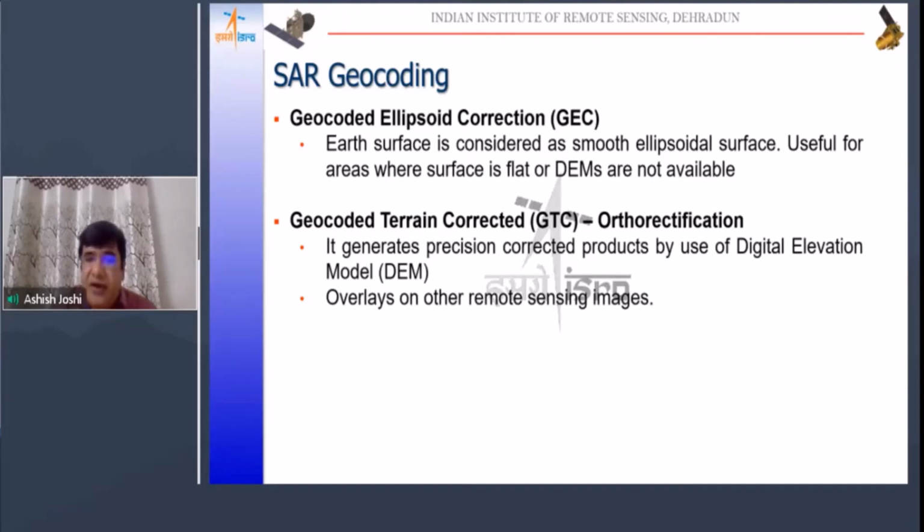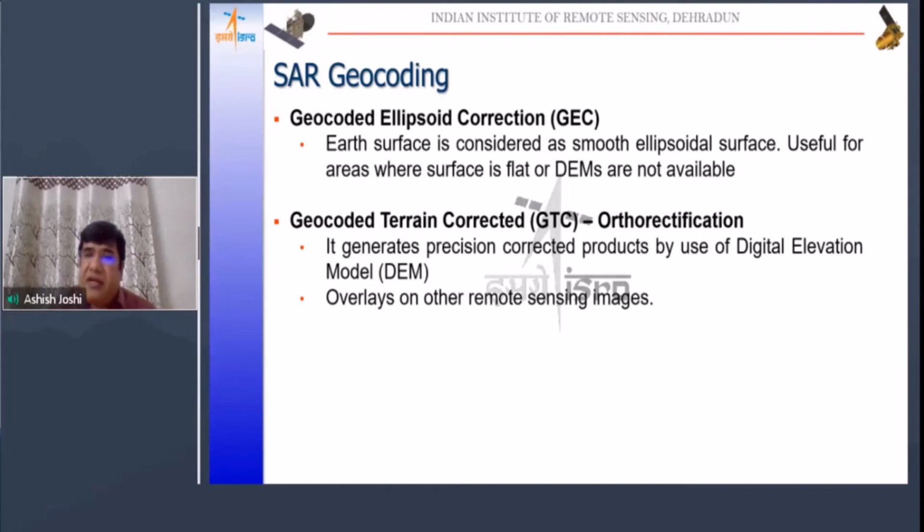So why do we have to do SAR geocoding? Because our slant range products are not geometrically corrected. It is neither in the proper orientation nor in the proper scale. So we have to do some geometrical corrections. First we have to do the SAR geolocation. For the SAR geolocation, for every pixel we have to geolocate the image pixel and find the lat long.